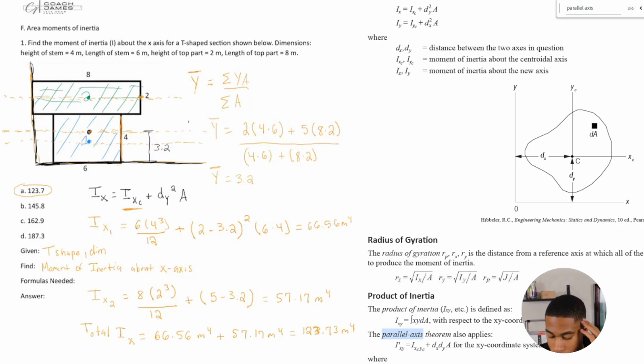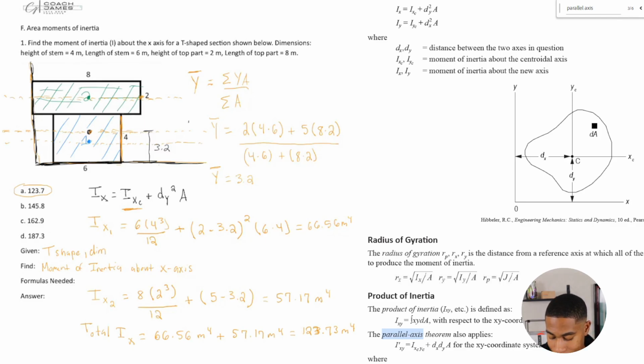So the main big things to understand: first, what axis are you looking to take your moment of inertia about? In this case, it was the x-axis for this particular shape.